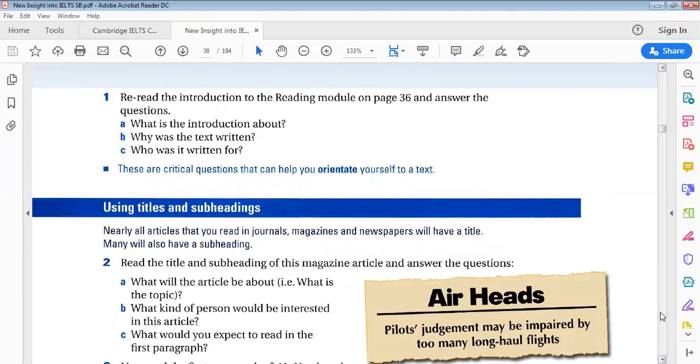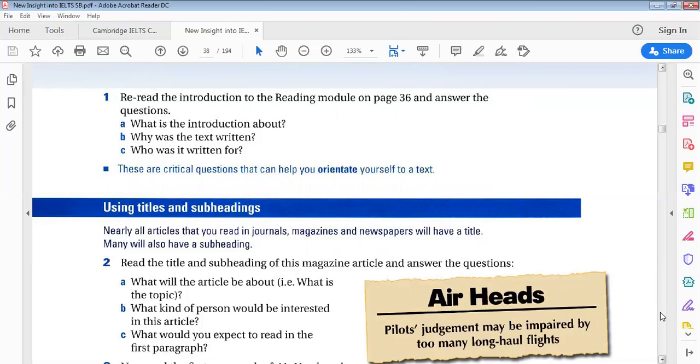So the first question is, what is the introduction about? The introduction is about how the reading test has been prepared.